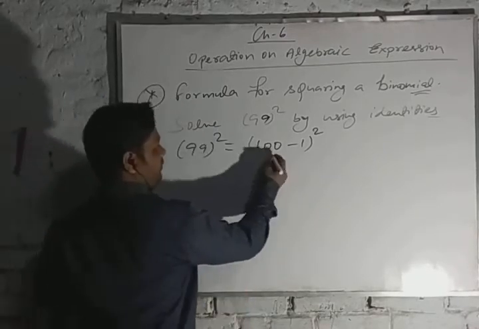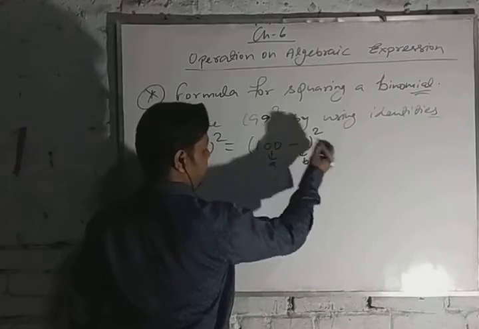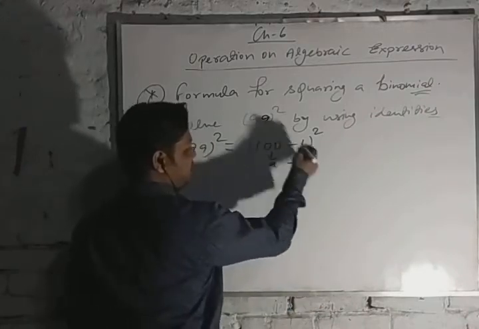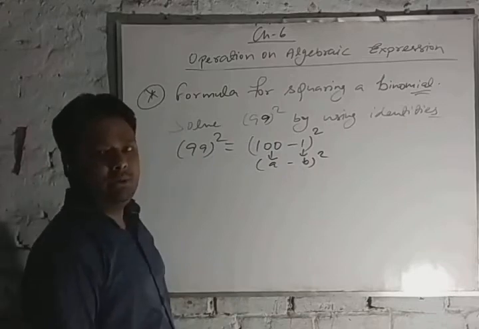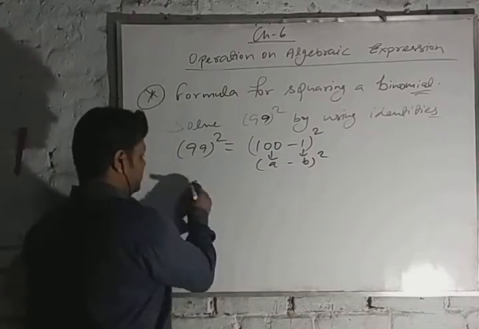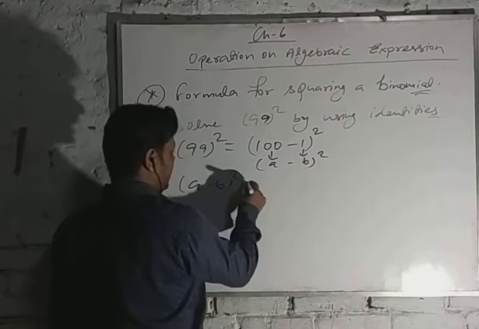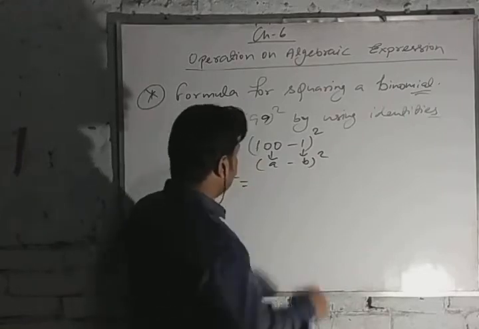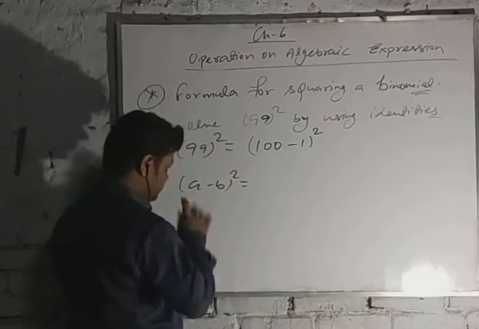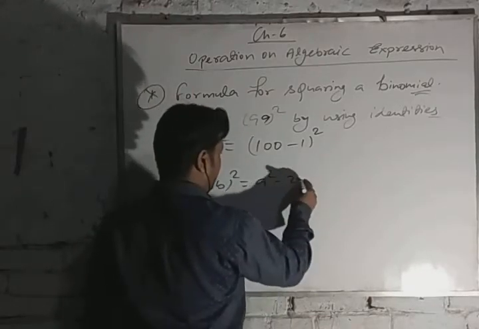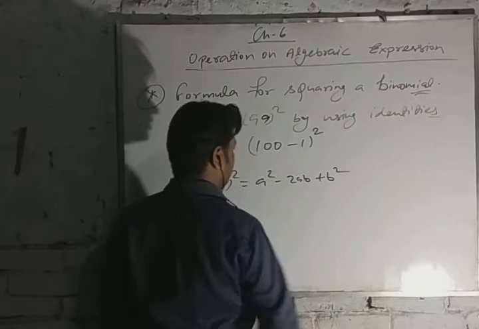Now here A and here B. So A minus B to the power 2. We will use this formula. A minus B to the power 2. So let's write down the formula first. A minus B square is equal to A square minus 2AB plus B square.